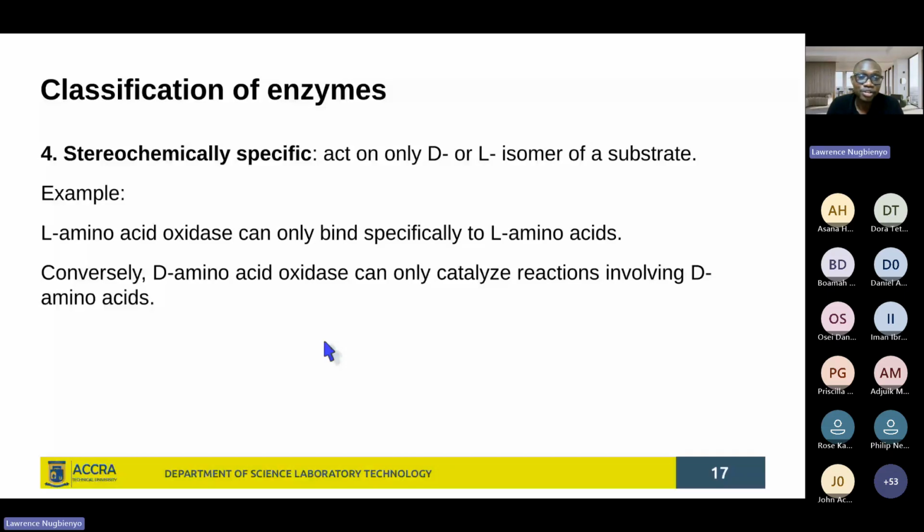You saw these isomers, D and L isomers, particularly with amino acids.